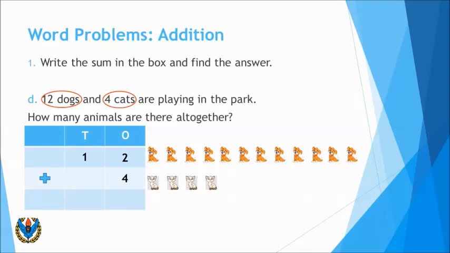Count them all together. 1, 2, 3, 4, 5, 6, 7, 8, 9, 10, 11, 12, 13, 14, 15, 16. Yes, they are 16 in number. So we will write 16 animals all together.